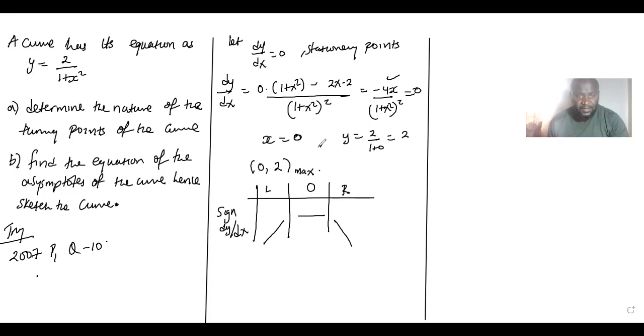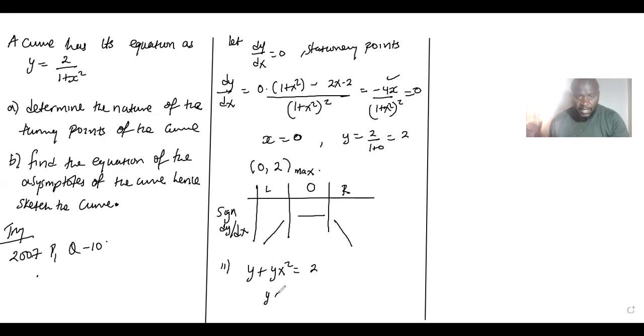Second question, find the equations of the asymptotes of the curve. Yeah, so the asymptotes of the curve, when you cross multiply, y plus yx squared is equal to 2.